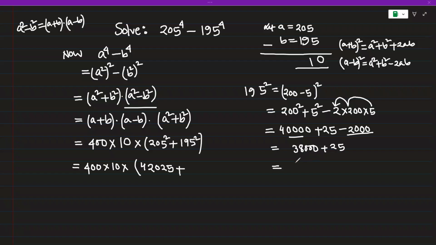If we adding that, we got 38,025. Now we place them 38,025.